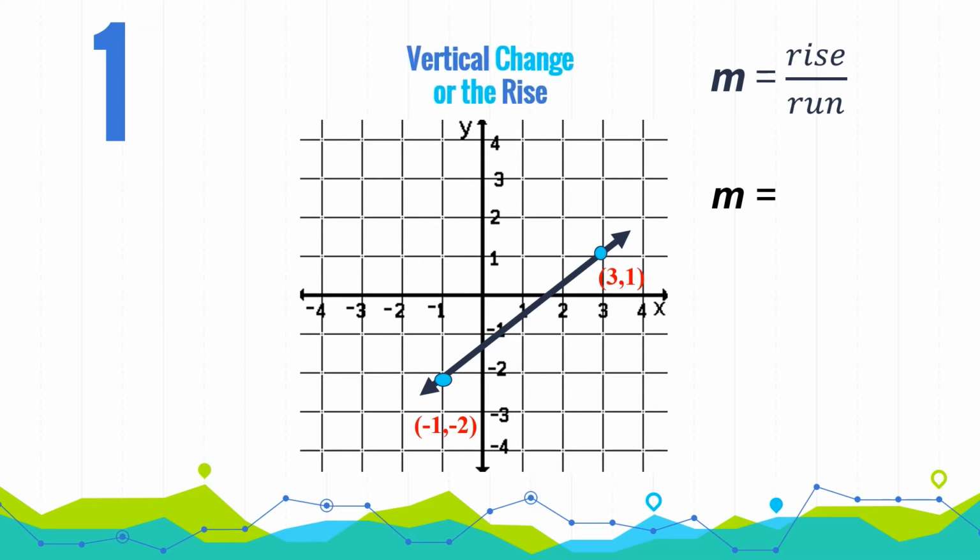To find the vertical change or the rise, we have to count starting with -1, -2 upward. So we have to count 1, 2, 3. We have 3 units. Therefore, rise is equal to 3.